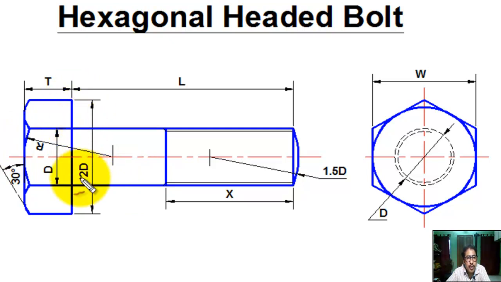With across corner, this corner and this corner, width across corner equal to 2D.